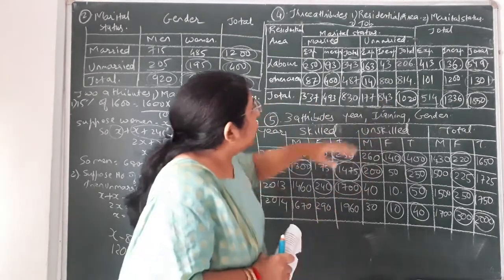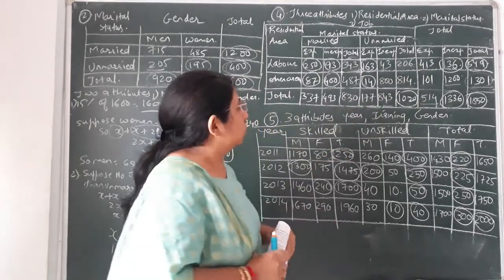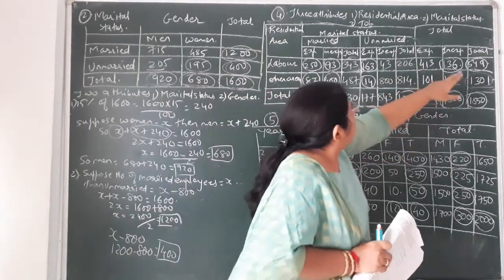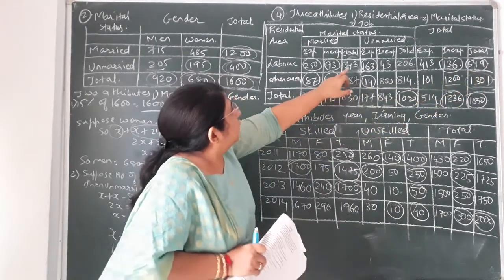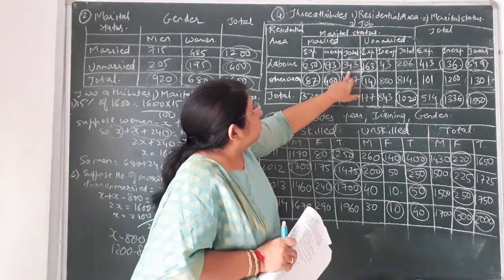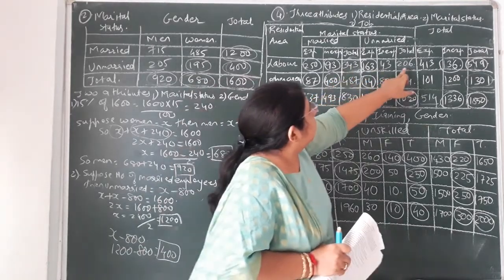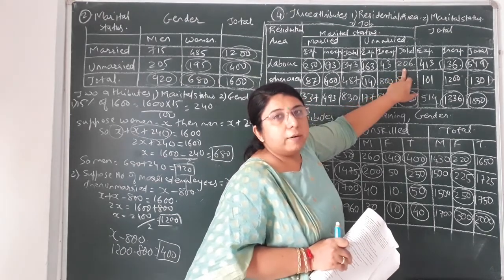Okay. Now these four values are not given. So how to find these four values? For that, see, the total is given over here, that is 549. From 549, if you subtract the total number of married women in labor area, that is 343, then you will get the total number of unmarried employees in labor area, that is 206.